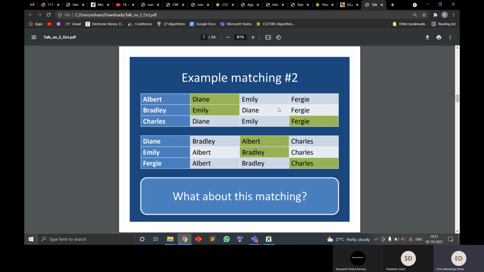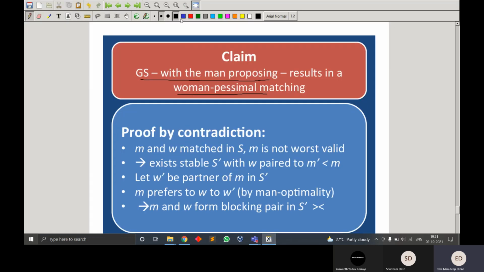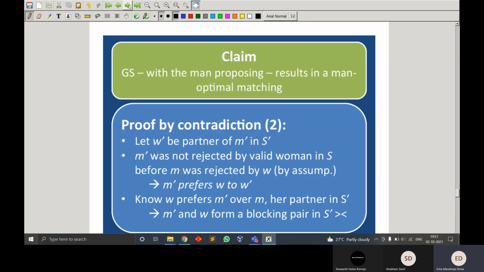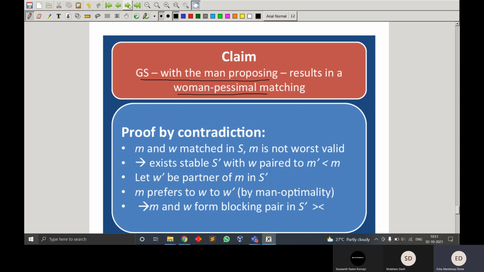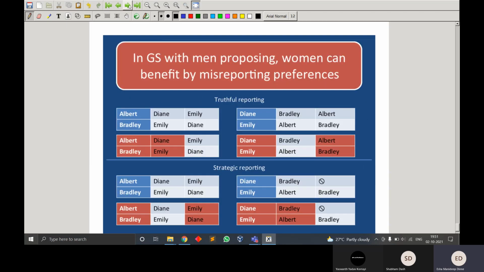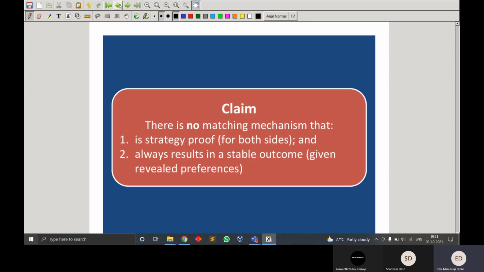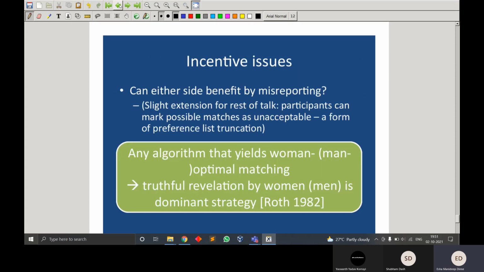So the Gale-Shapley algorithm will result in a man optimal and woman pessimal matching. Another thing women can do is make it so that a person cannot even approach her, so that they can get the best possible matching. So that thing is there. Basically, this is it.